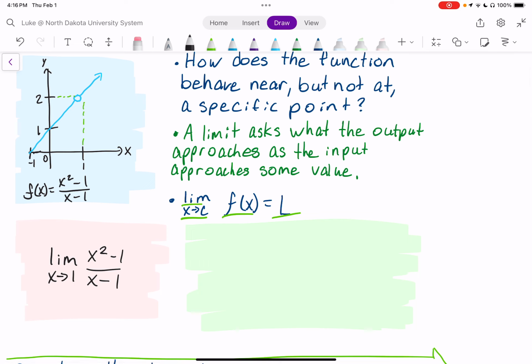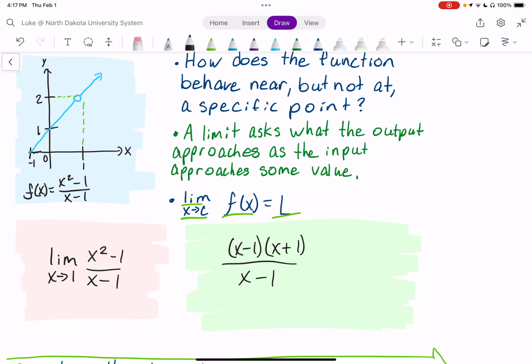is by subbing in our x value that we're approaching. So for this problem right here, we can sub in 1, but you'll notice that that would result in a 0 denominator, which is not defined. So we can factor the top into x minus 1, x plus 1, all over x minus 1.